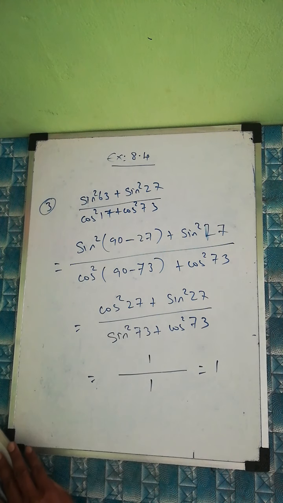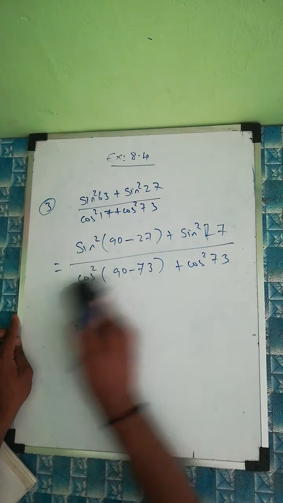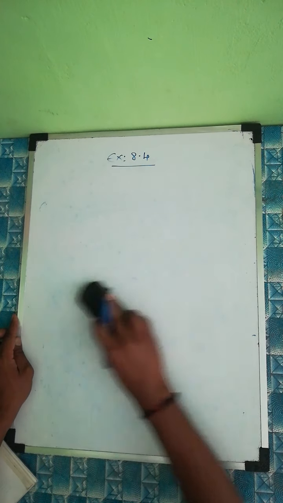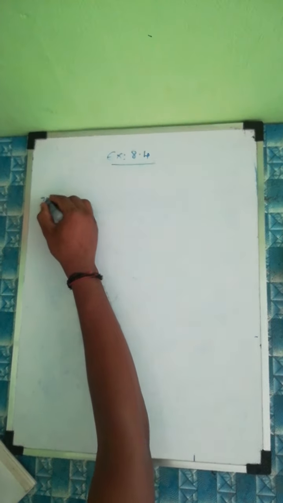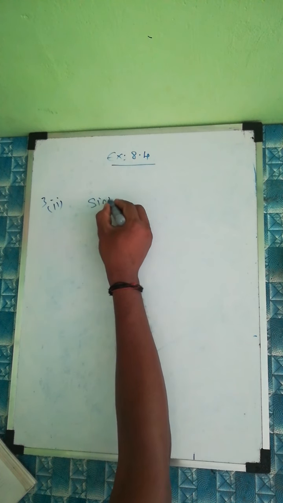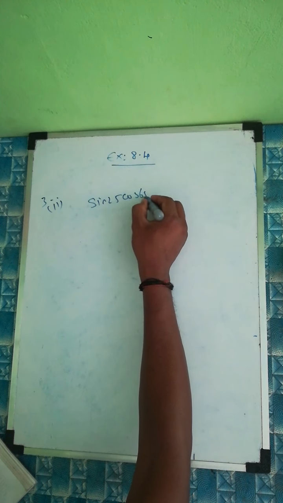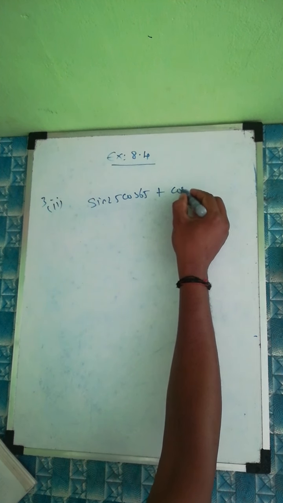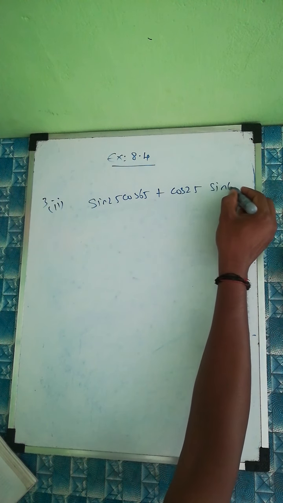And the next question, sorry, question number 3, second one: sine 25 cos 65 plus cos 25 sine 65.